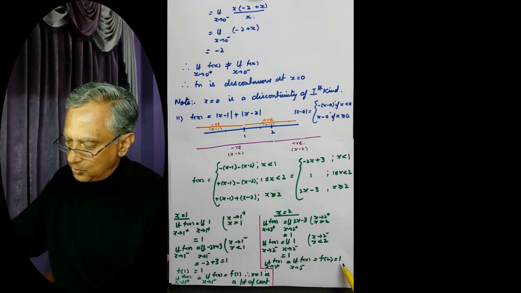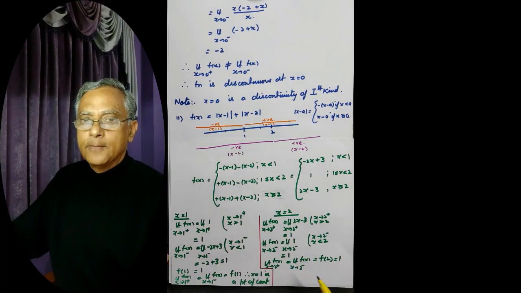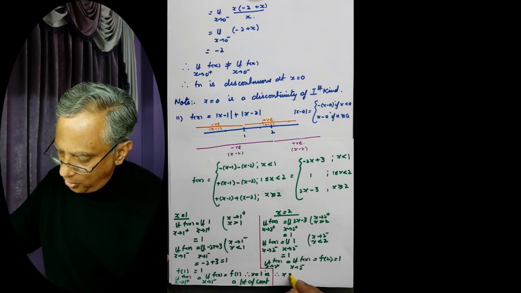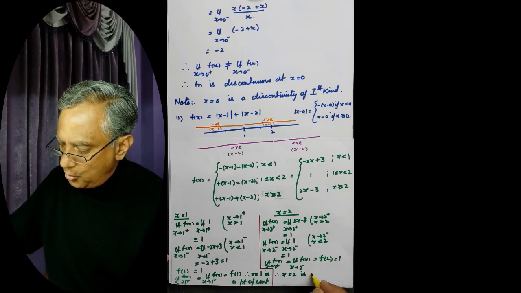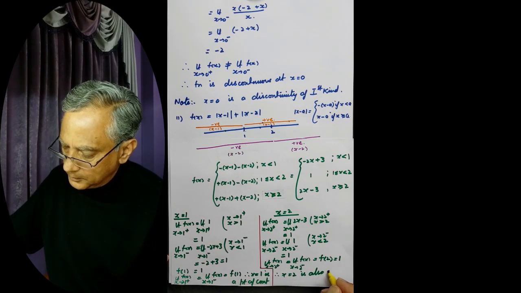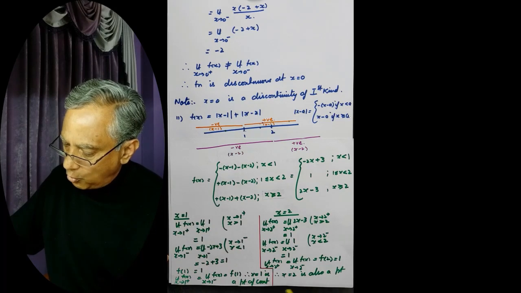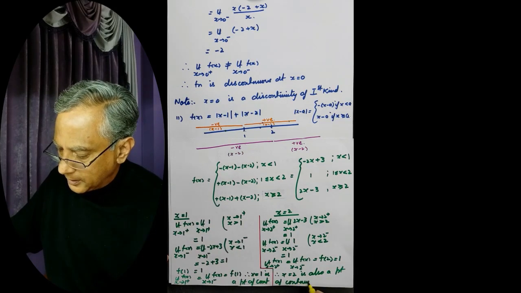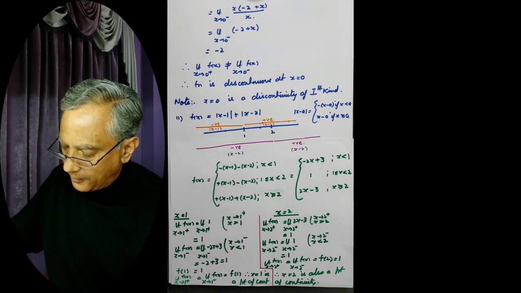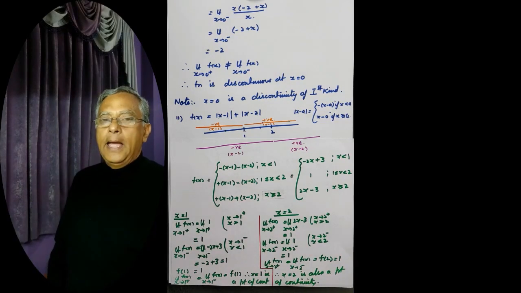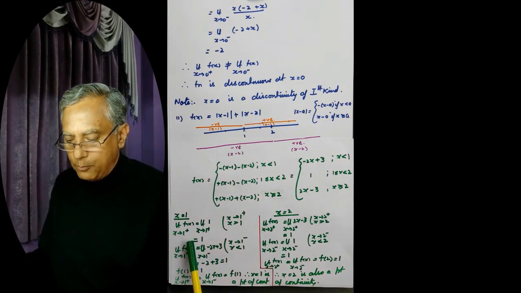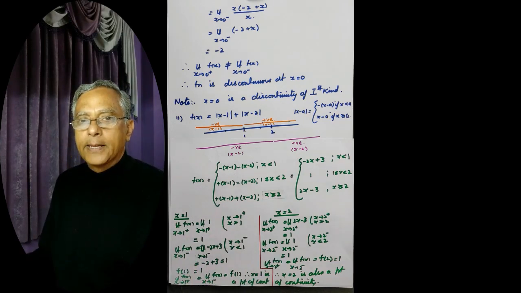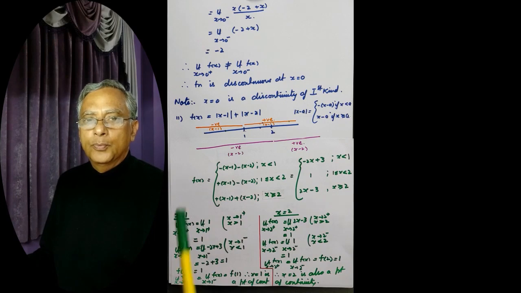This is 1, this is 1, the value of the function is also 1. Therefore x equal to 2 is also a point of continuity. Therefore the function is continuous at x equal to 2. So the function is continuous at both x equal to 1 and x equal to 2.